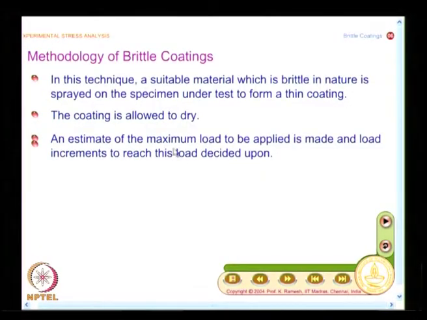In many problems, you find out for a given operational load what are the stresses developed. Here you incrementally load the specimen, at every stage you go and observe for cracks. So, it is very peculiar from performing the experiment. So, I need to find out the maximum load and also decide what are the load increments.